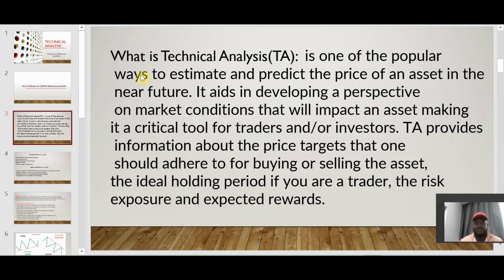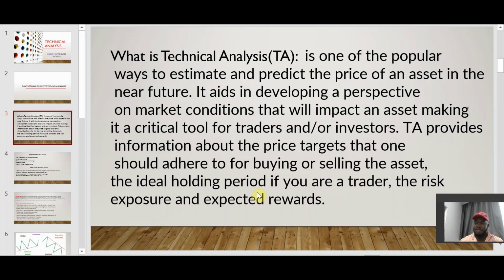Technical analysis provides information about the price target that one should adhere to for buying or selling assets, the ideal holding period if you are a trader, the risk exposure and expected rewards. These are the scenarios of what technical analysis implies.